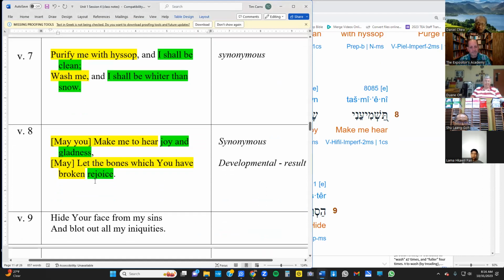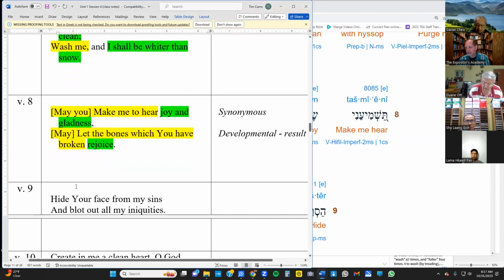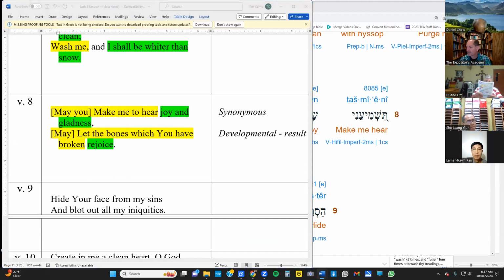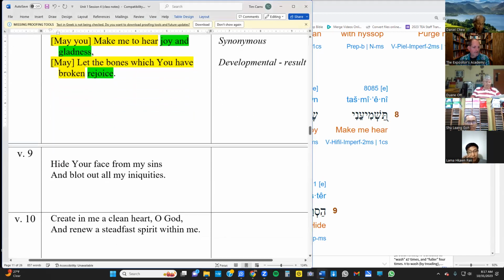In any case, verse 8 is a little more of a challenge for us. Let's get to verse 9 here. Pastor Philip, you want to give verse 9 a try? Sure. Let me position it a little better here for you.